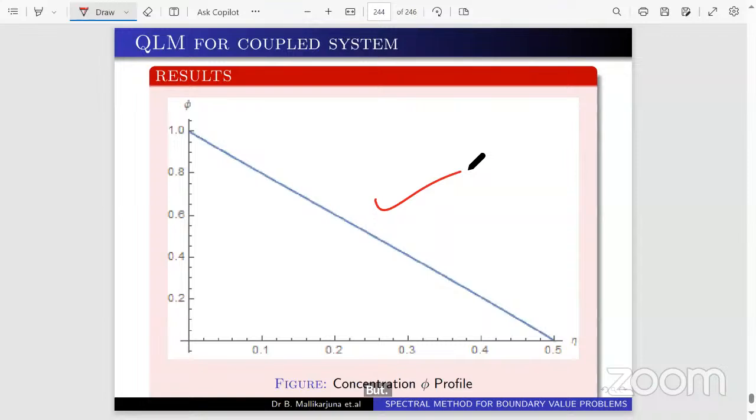So what we covered in this: first, what is a boundary value problem? What are the different types of boundary value problems according to the conditions? What are the possible fields to get these kinds of boundary value problems? What is the spectral method algorithm?